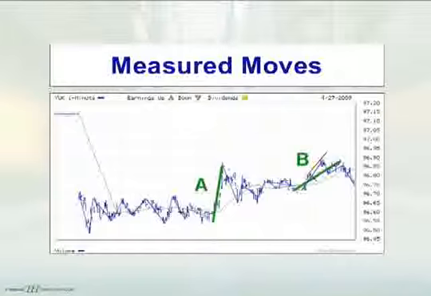Let me get a different tool so we can see this a little better. It's not very fat, but hopefully you can still see it. So now we have the momentum starting to shift, where in A, we had this strong upside move.